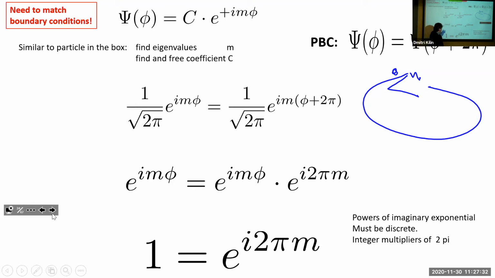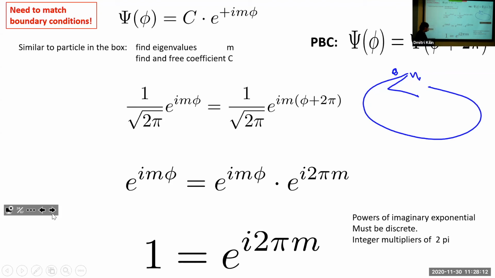And then the wave function, or exponential to the imaginary power of magnetic number times phi, cancels, right? And then we have a condition that i 2 pi times m in the power of exponential should give 1, right? So 2 pi comes from boundary conditions, m comes from the general solution of this differential equation.